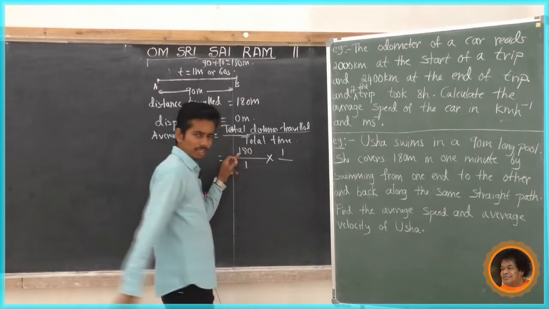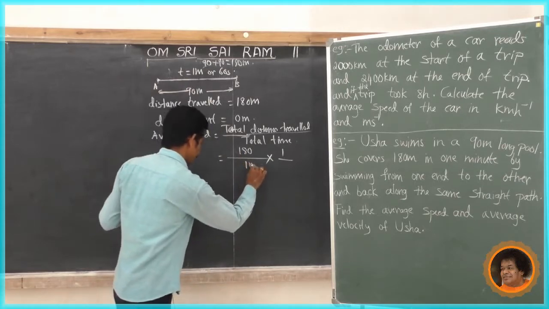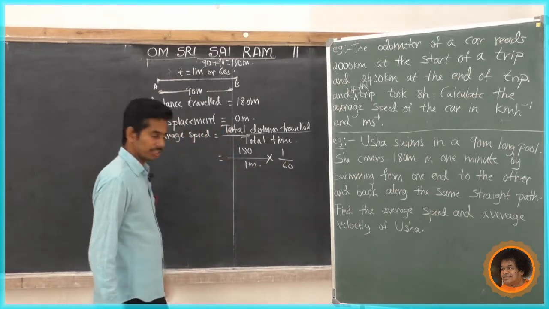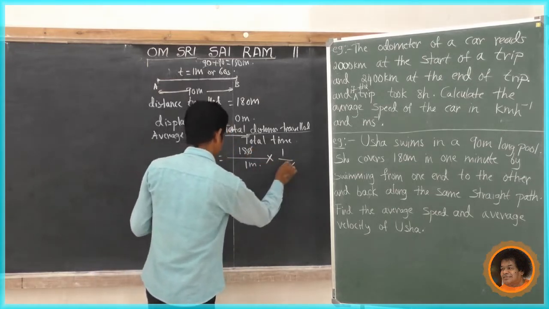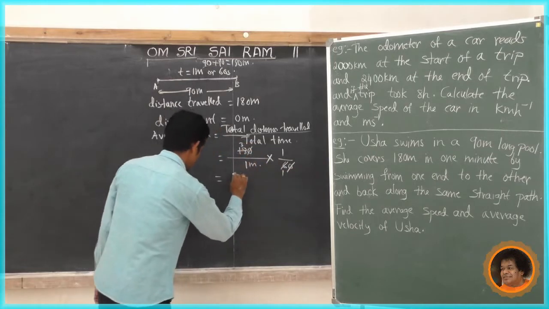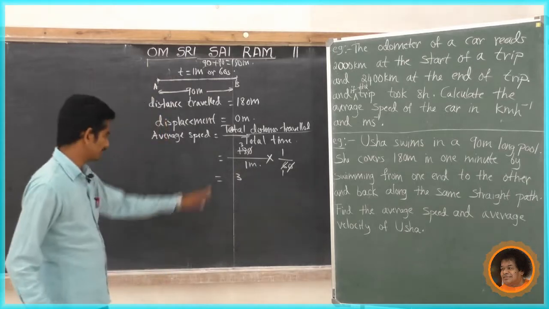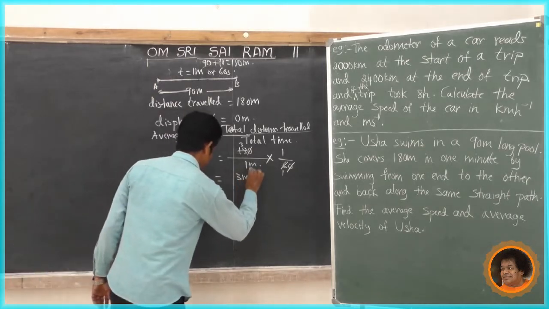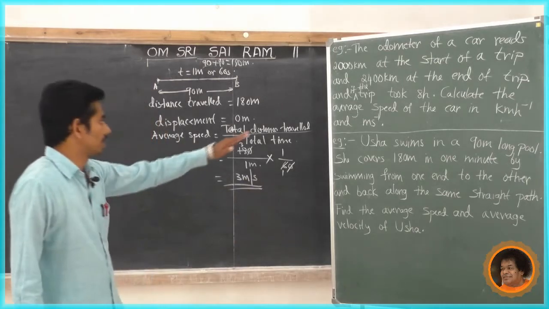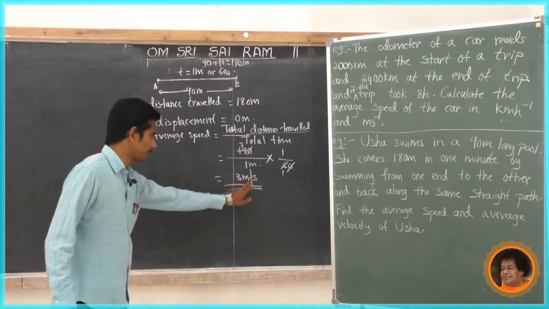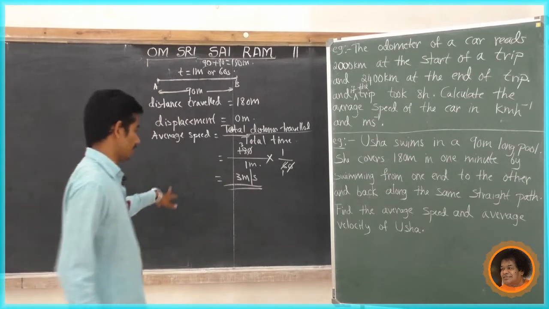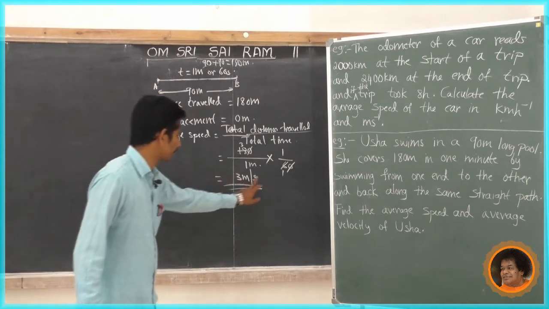So write 180 into 1 minute, and 1 minute means 60 seconds, so divide by 60. 0, 0 is cancelled. 6 ones are 6, 3 sixes are 18. So, we simply write it as 3 meter per second. What is the average speed of the swimming? That is 3 meter per second. So average speed of Usha is 3 meter per second.